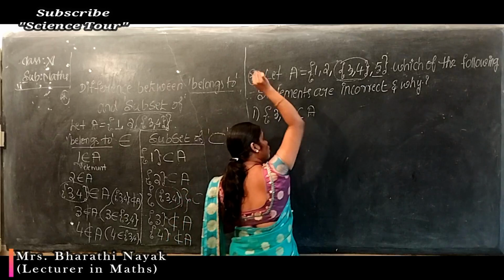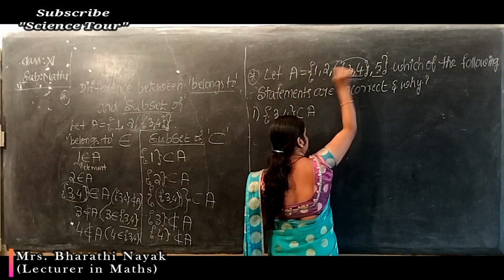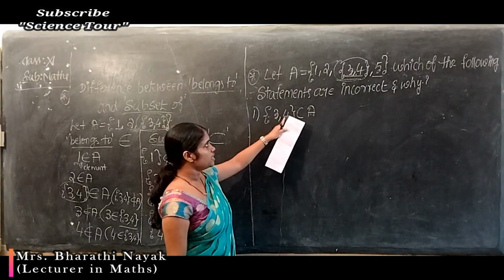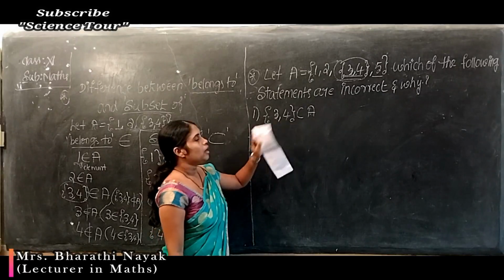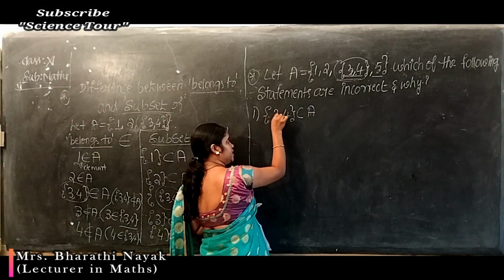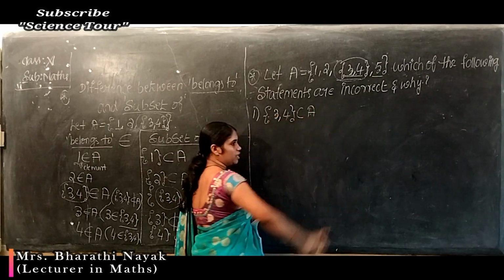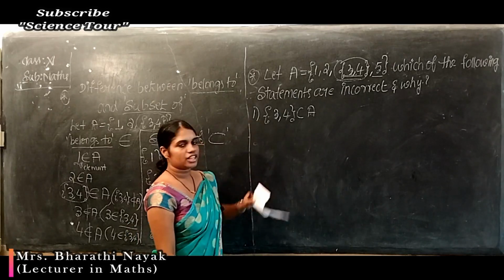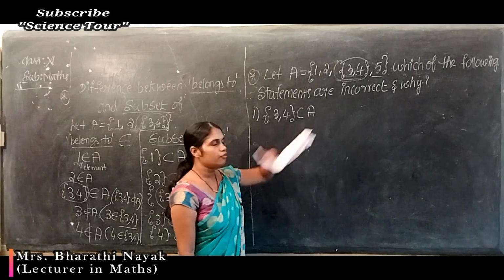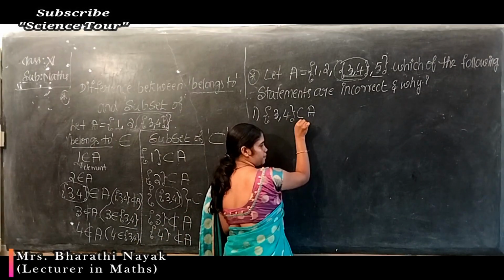No. 3 is not an element of set A, but 3 is an element of this particular set. Set containing 3, 4 is a subset of A, they have given, isn't it? Is it true here?